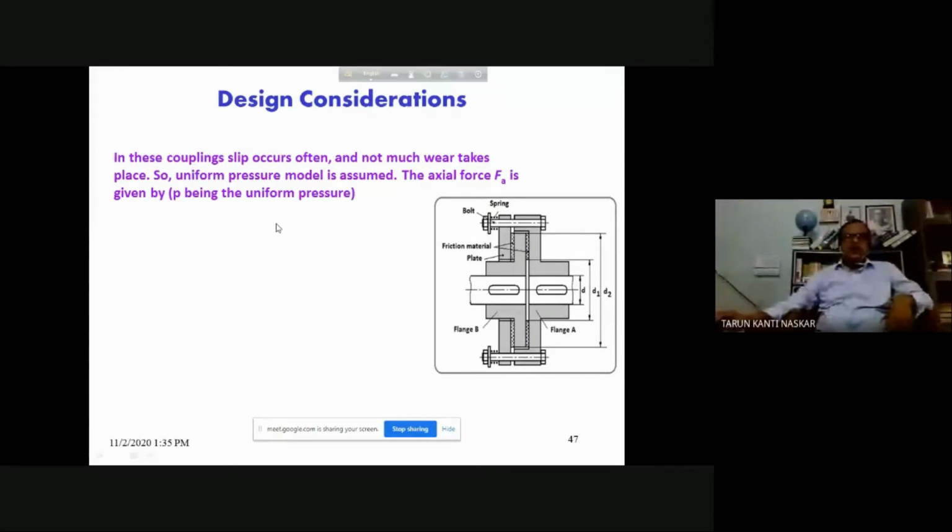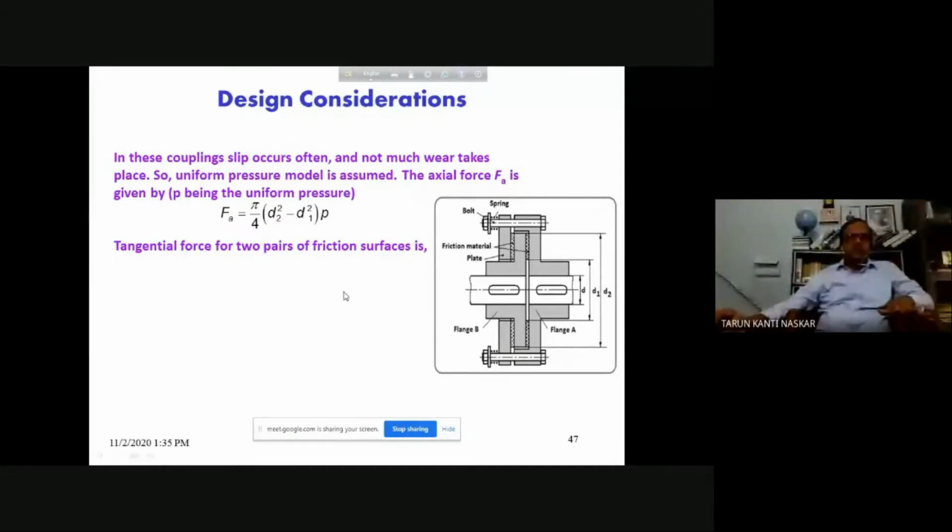So axial force Fa is given by, P being the uniform pressure. If P is the uniform pressure and D2 and D1 are the two diameters, then Fa, that is the axial force, will be equal to π/4 (D2² − D1²) multiplied by P. Now the tangential force for two pairs of friction surfaces. You are convinced that there are two pairs of friction surfaces.